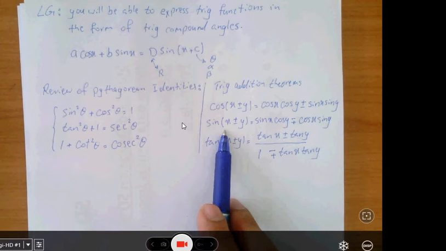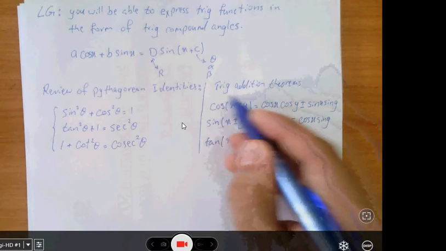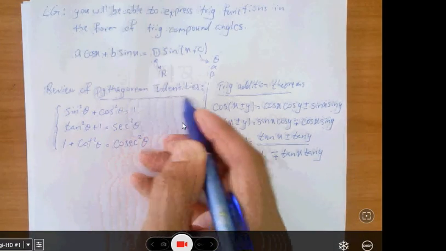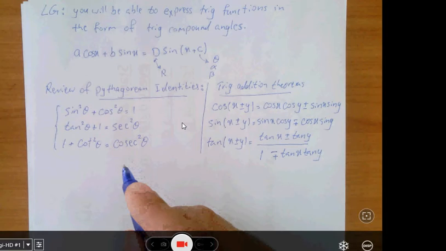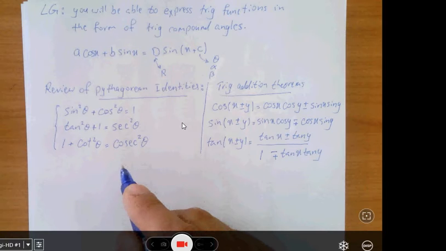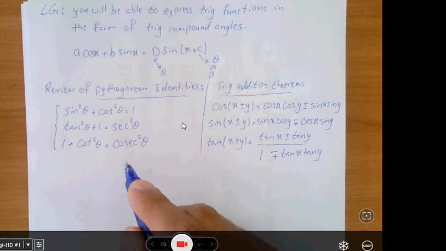These addition theorems as well as the Pythagorean identities will be provided in your exam. You do not need to memorize these, but you do need to be able to work with these. If you need to change or manipulate an equation, that means you need to have enough practice with these as much as you can until you familiarize yourself.